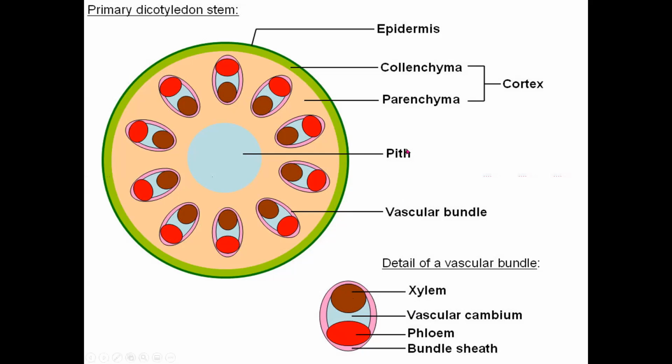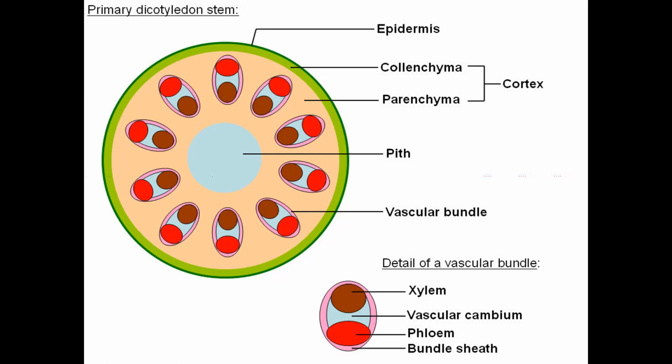I'll mention here this word pith is the center of the stem, of the trunk, if you like, and that's where these vascular bundles once have been, and that's sort of the center of a tree.